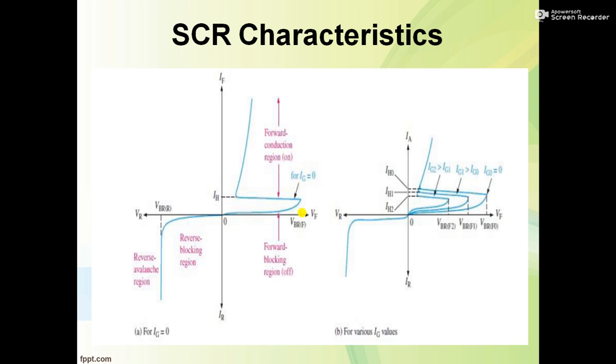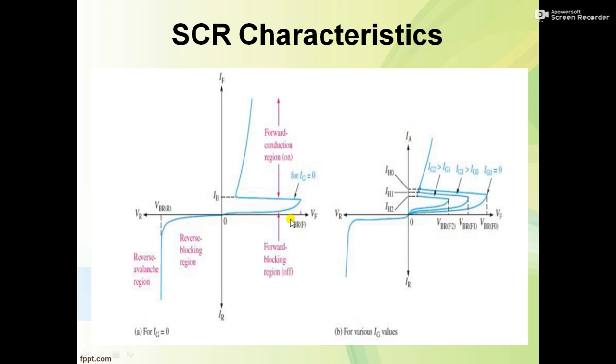Then the drop across the SCR reduces suddenly, which is now the ohmic drop in the 4 layers, and the current must be limited only by the external resistance in series with the device.